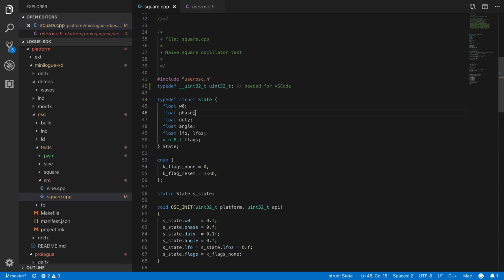That's the part where you basically remember where in the cycle of a waveform you currently are, and then an increment per sample. That's of course dependent on the pitch of the oscillation.